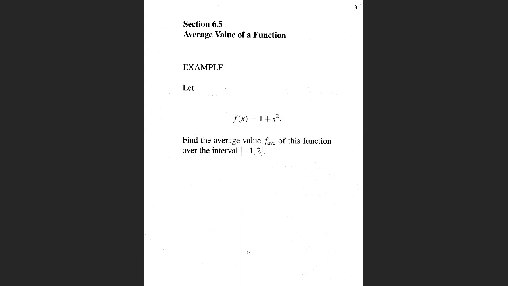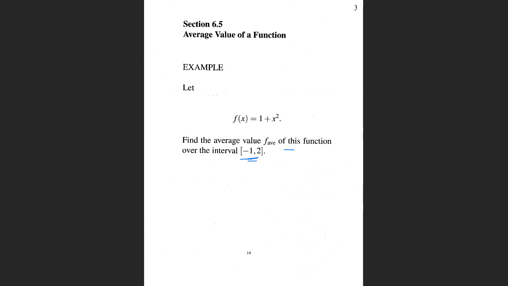So we have the function 1 plus x squared, and we want to find the average value of this function over the interval from -1 to 2.